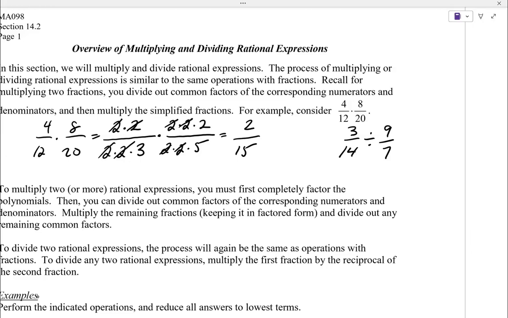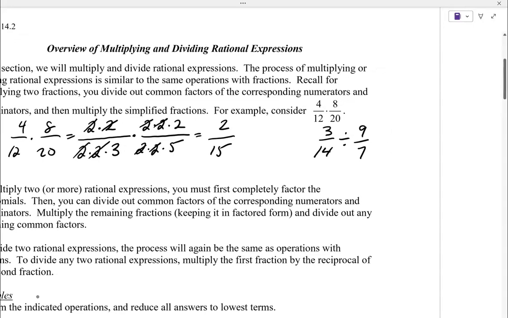When we divide by a fraction, what do we do? We change the division into a multiplication. And what do you do with the second one? Flip it, right? Take the reciprocal. Remember, when you divide by a fraction, it changes into multiplication by the reciprocal.